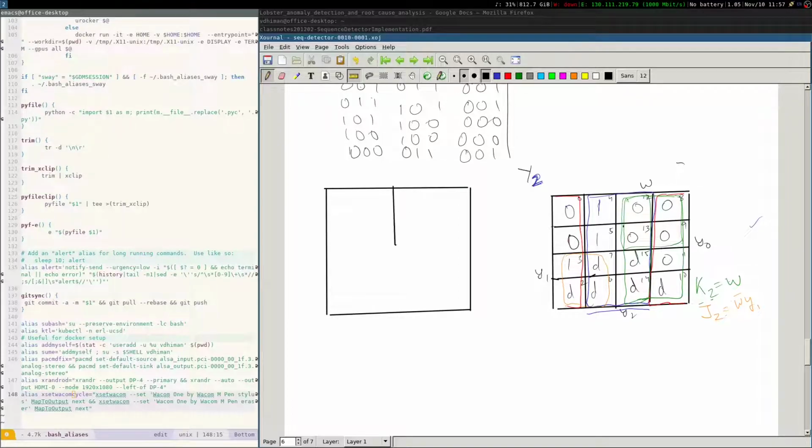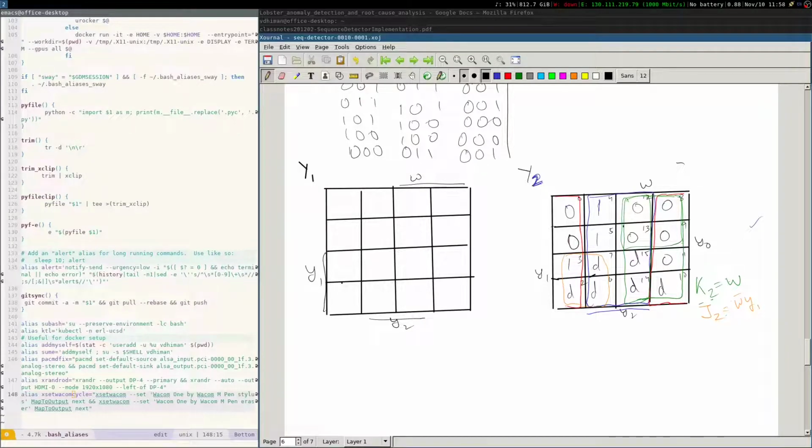Okay, so we have Y1 here, W for these two columns, Y2 for these two columns, Y1 for these two columns, 0 for these two rows.